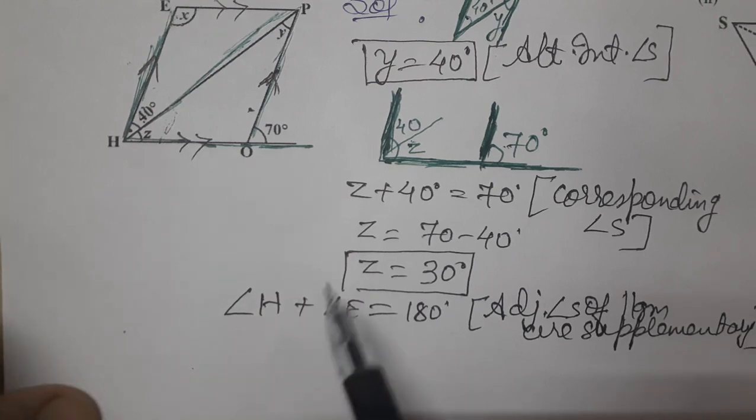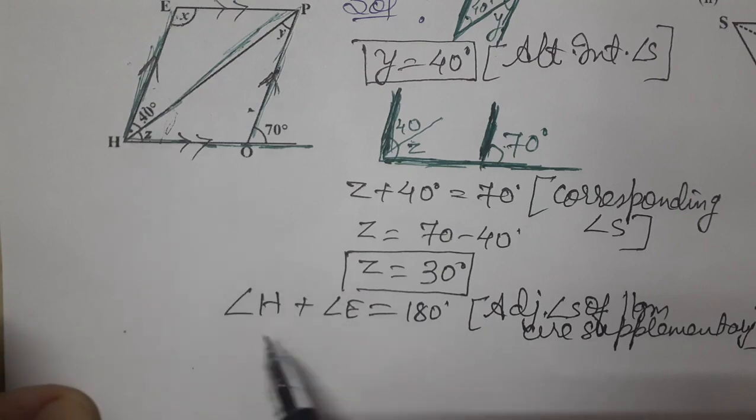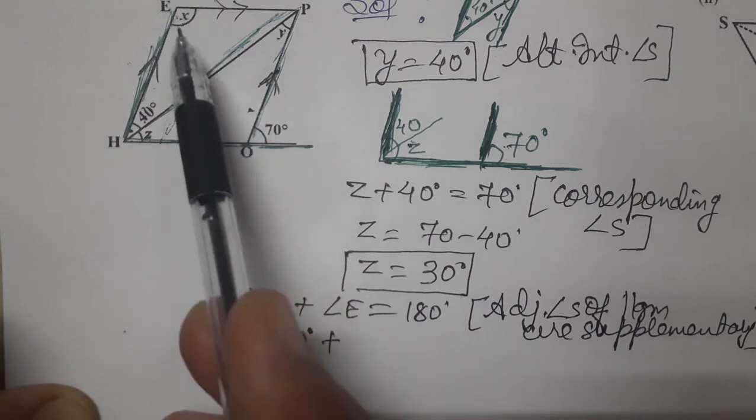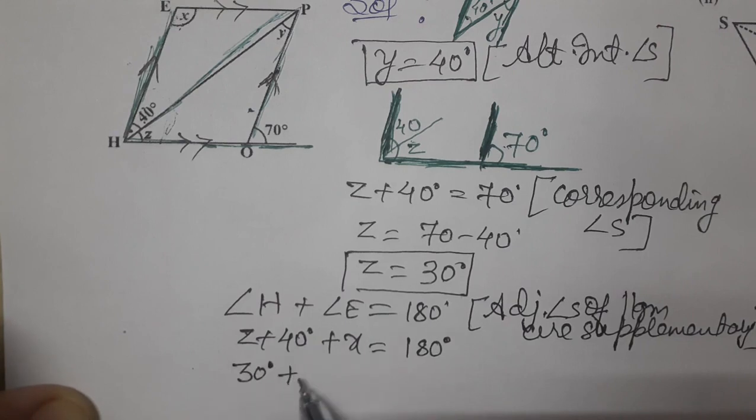Clear? Now H. What is H? H is made up of two angles, Z and 40. And what is E? E is X. Equals what? 180 degree. Now we got the Z value. What is Z? 30. So 30 plus 40 plus X equals 180.